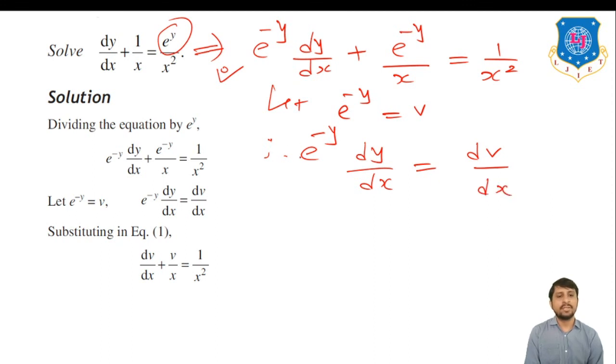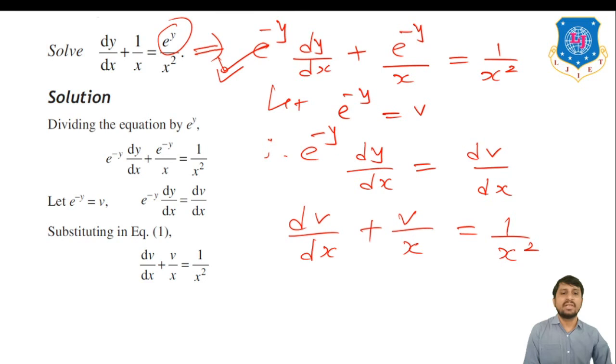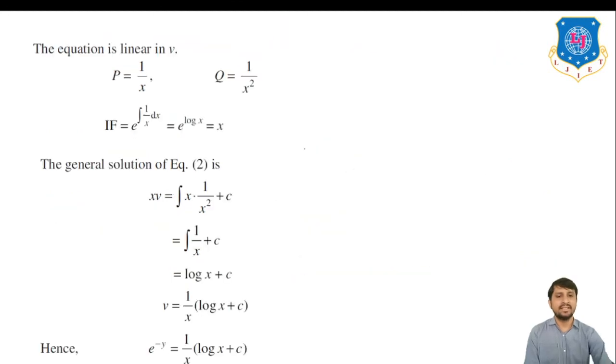When I put this value in this equation, you will get dv/dx plus e raised to minus y, which we already assumed is v, so v/x, equal to 1/x². Clear? We are taking integration with respect to x. So now this is your linear differential equation, and you can easily solve it.